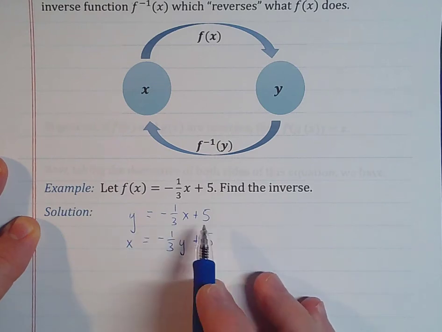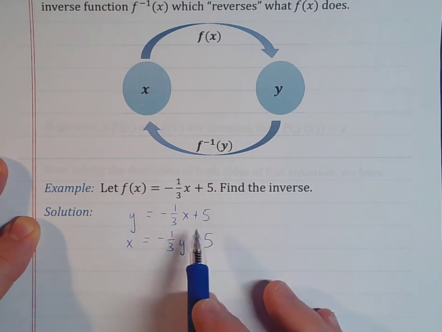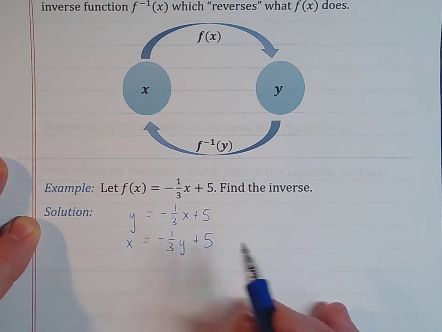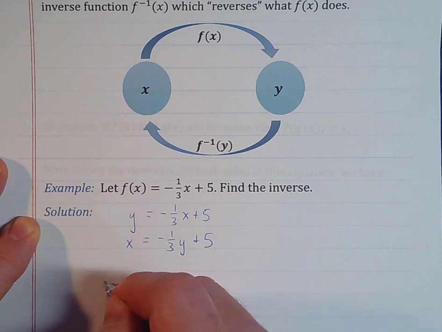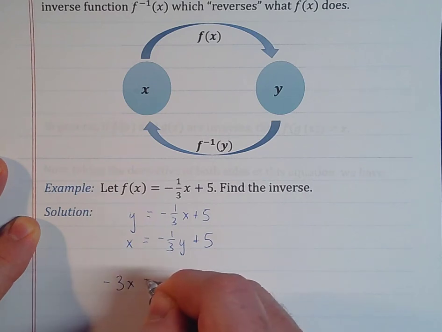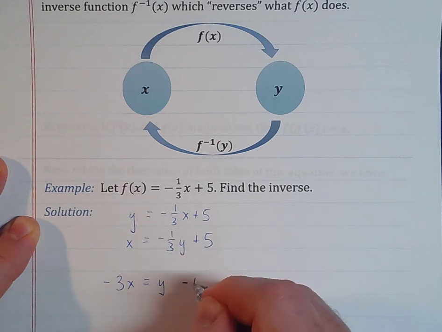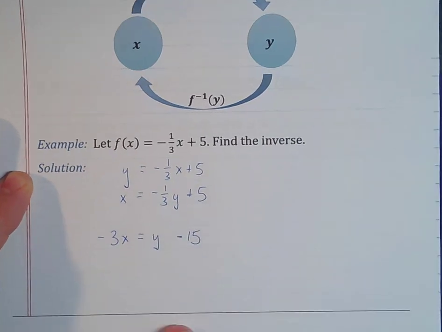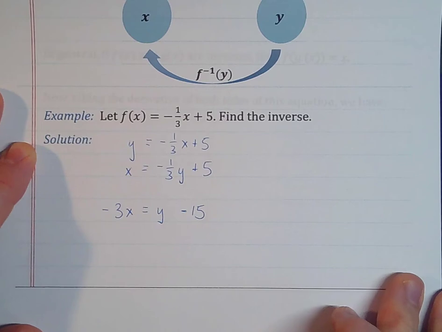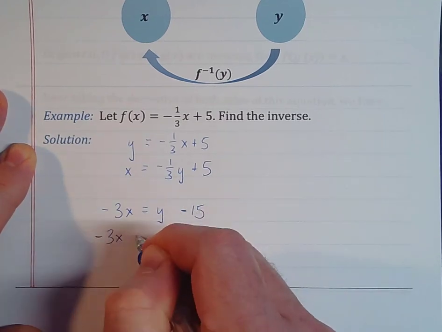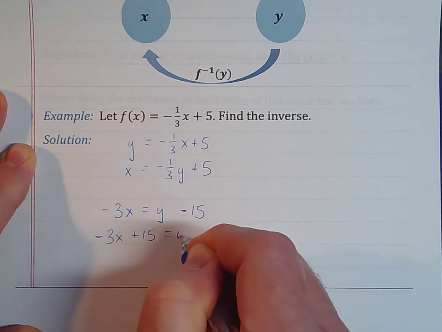If I multiply everything on both sides of the equation by negative 3, that would get rid of the negative 1/3. So I would end up with negative 3x equals y, and negative 3 times 5 gives me a negative 15. If I add 15 to both sides, I get negative 3x plus 15 equals y.